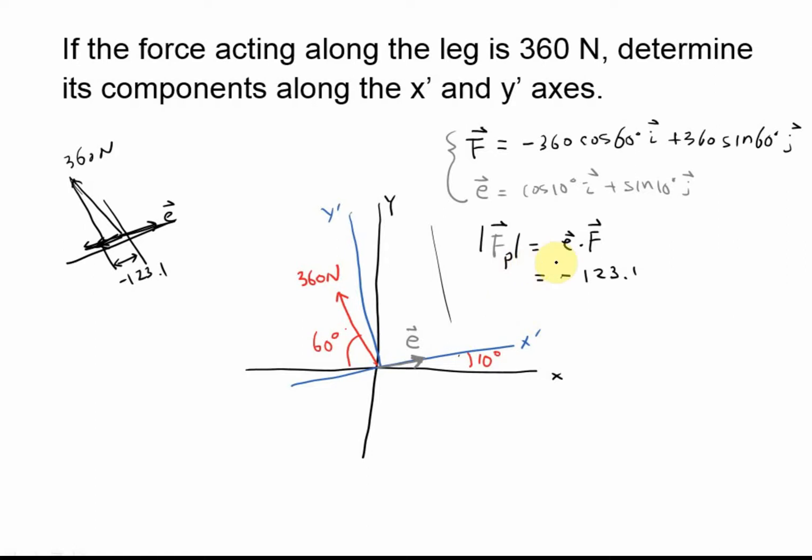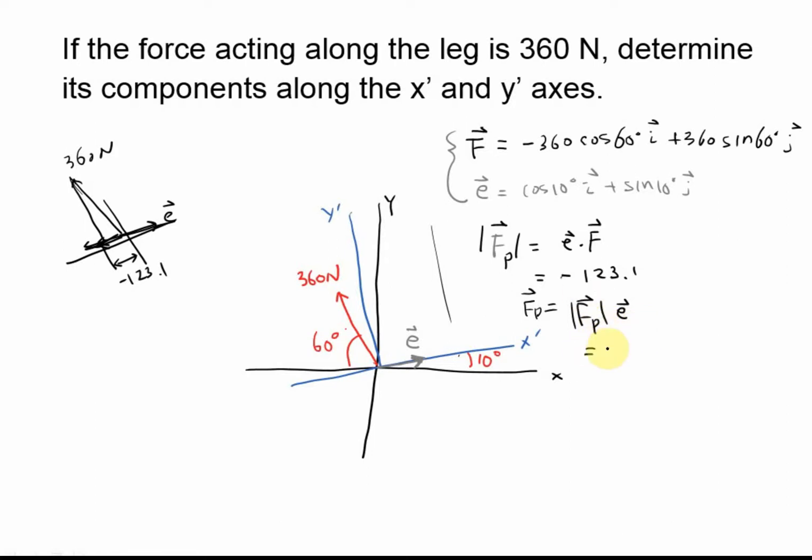Then if you want to get the vector component of F, you simply multiply your magnitude with E to get the vector components. So my Fp vector is equal to the magnitude Fp times the E unit vector.